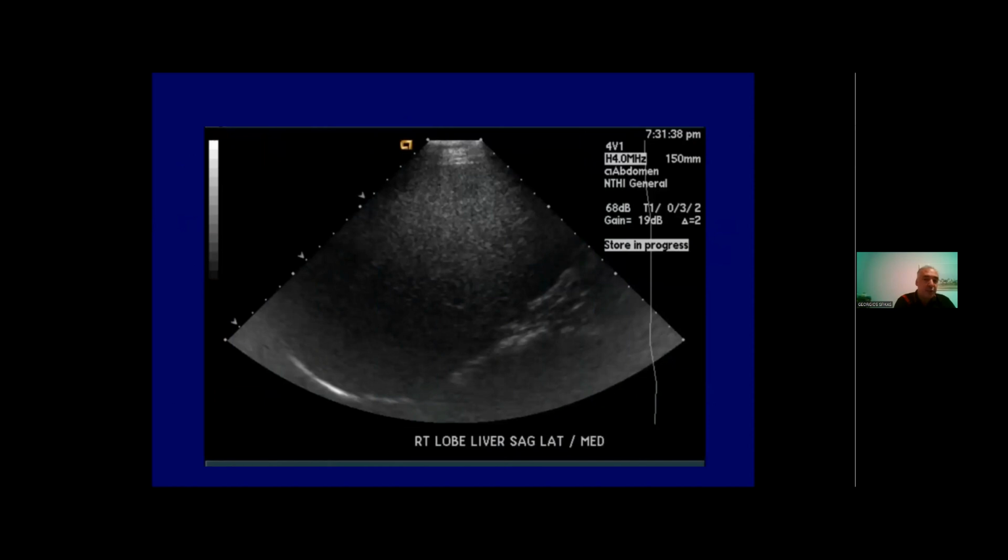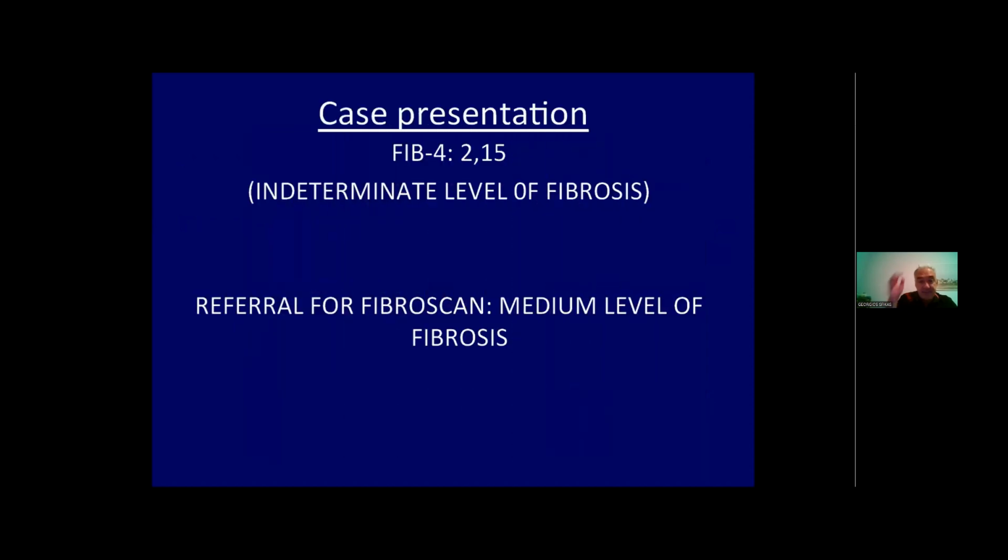We proceed to perform a liver ultrasound, and the liver ultrasound proves to us that we have a patient with non-alcoholic fatty liver disease.